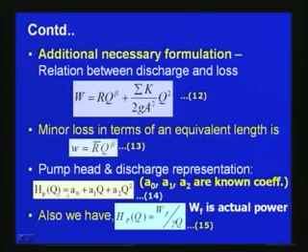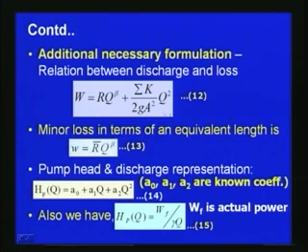So, the pump head can be represented as a function of Q, and also with respect to actual power utilized, we can write HP(Q) is equal to Wf by gamma Q, where Wf is the actual power, Q is the discharge through the pump, and gamma is the specific weight of the fluid which is pumped.